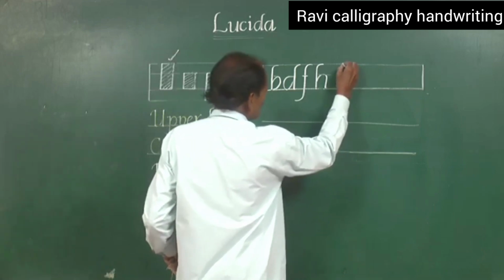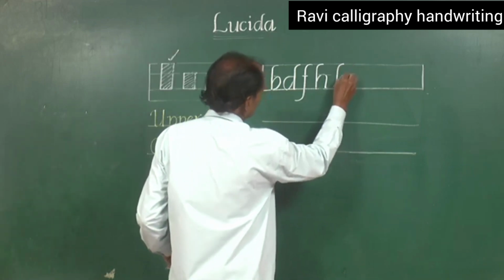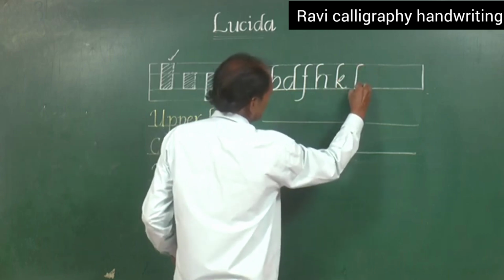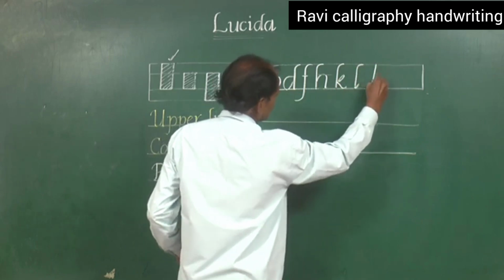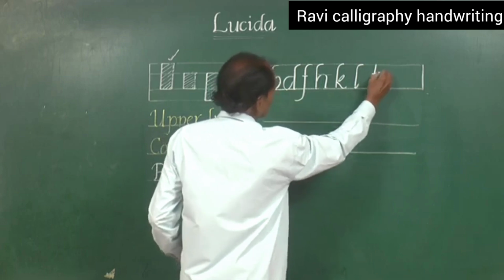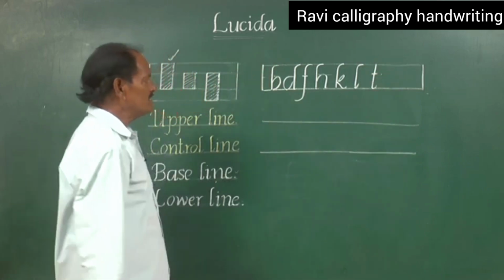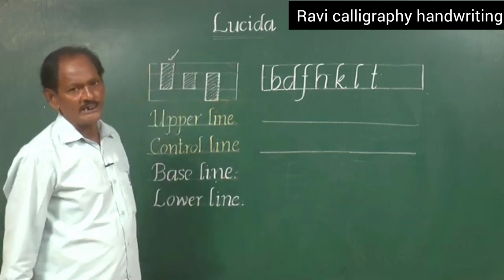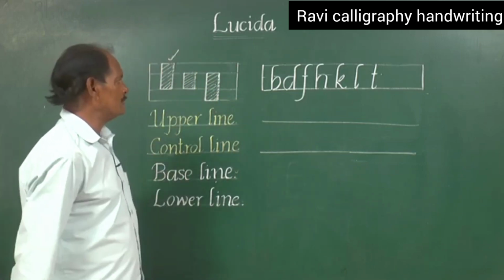K. L and T also. This is the way of writing the upper zone letters in 2 lines pattern.